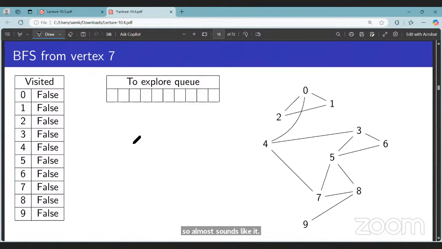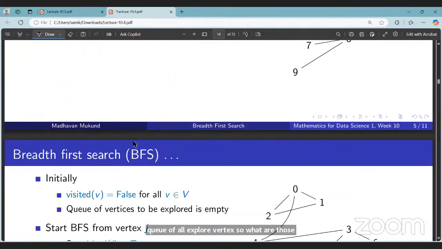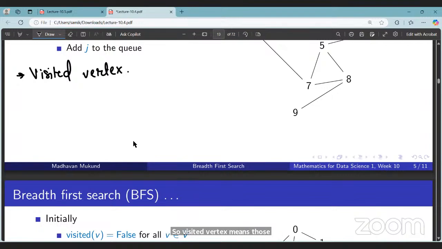In BFS, mainly we will keep track of two things initially: the visited vertices, and then the queue of all explored vertices. What are the visited vertices? Visited vertices are those vertices which we are going to visit.